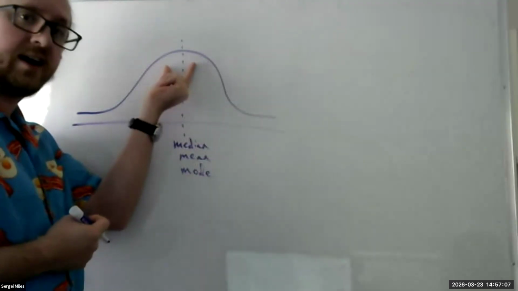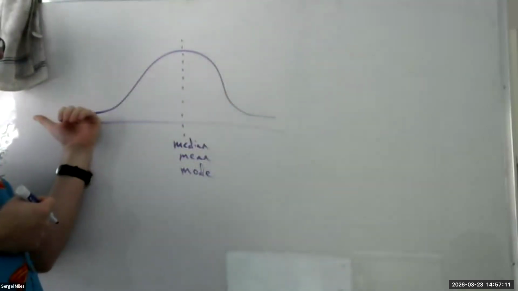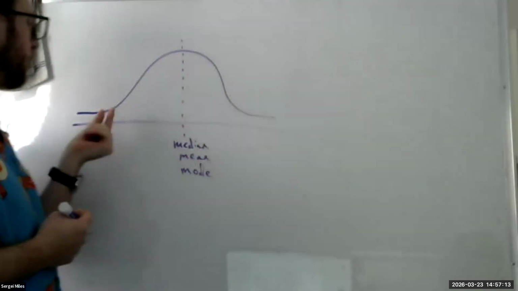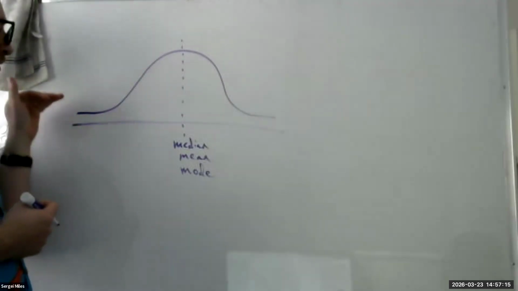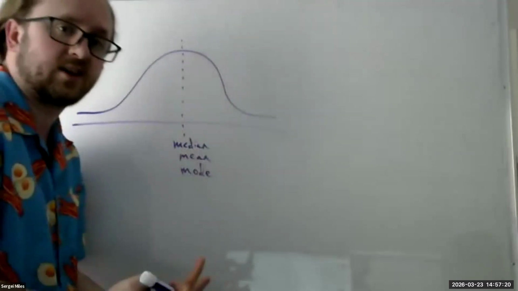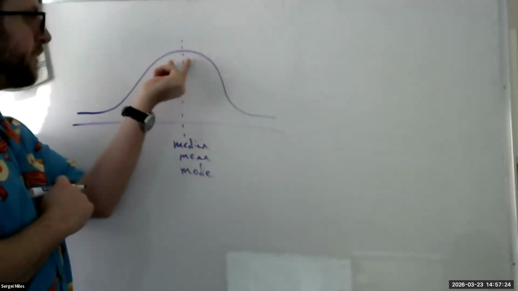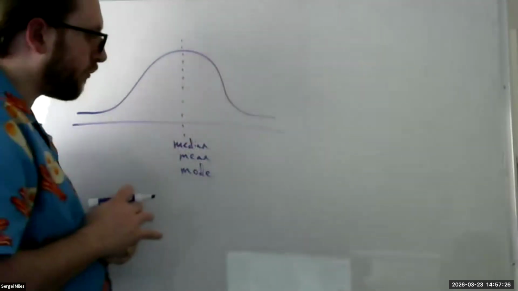Most people are going to have a height around the average. Some people are going to be taller, some people are going to be shorter. The taller or the shorter you are, the lower the frequency on these tail sides, where that is less common. But a majority of people are going to be somewhere here in the middle.